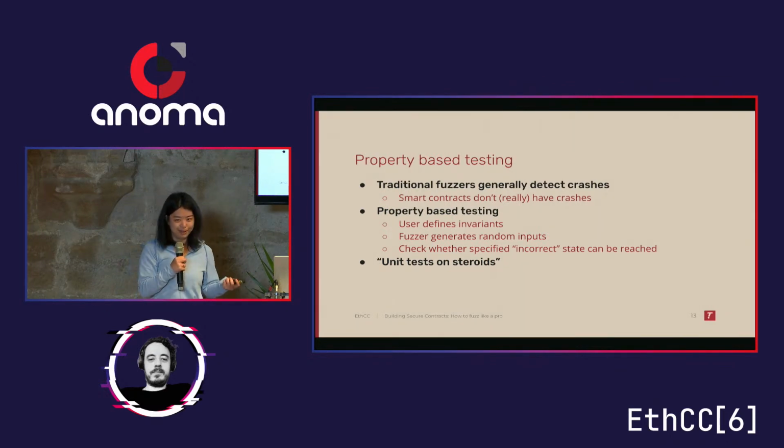This is what we mean by unit testing on steroids. With unit testing, you're limited by the input range that you're specifying, the inputs you're checking are limited by what you've defined, whereas in fuzzing, it's going to randomly generate those inputs to see whether violations are possible.